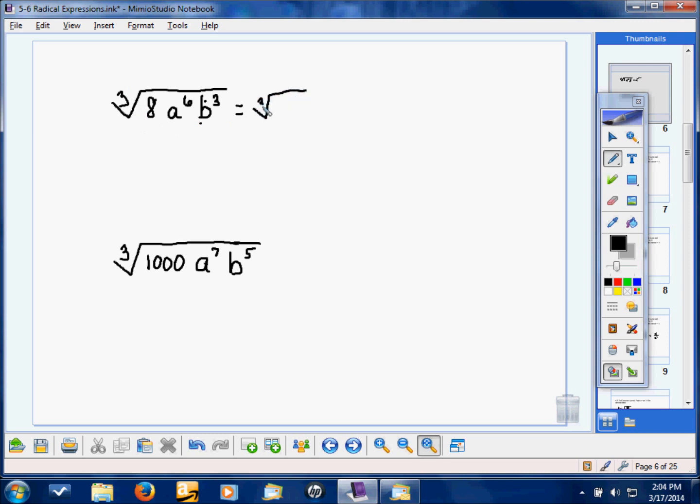Now most of you will just do this in your head, but this is the cube root of 8 times the cube root of a to the 6th, times the cube root of b.